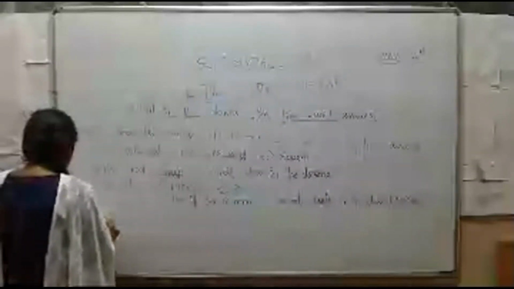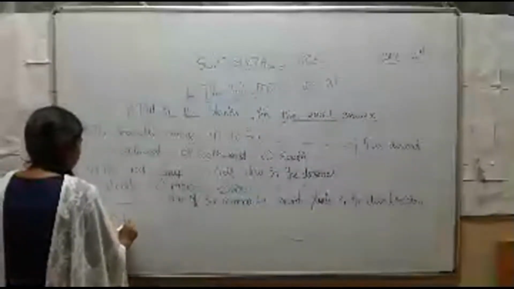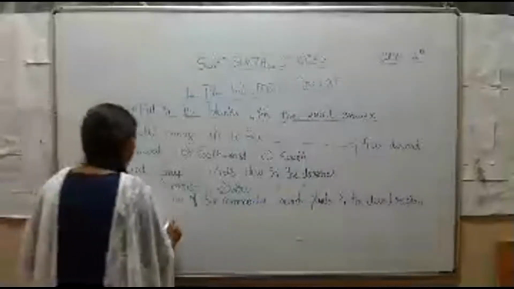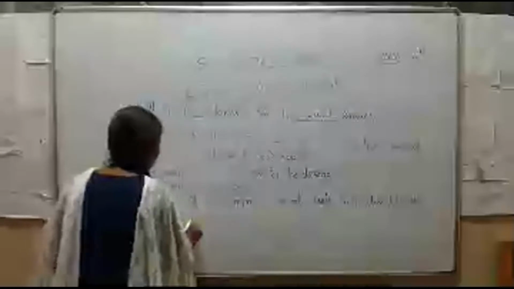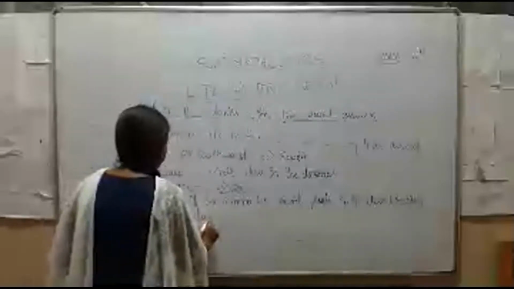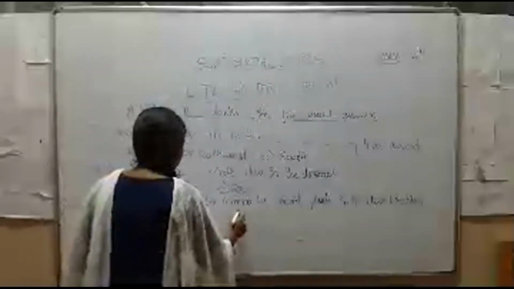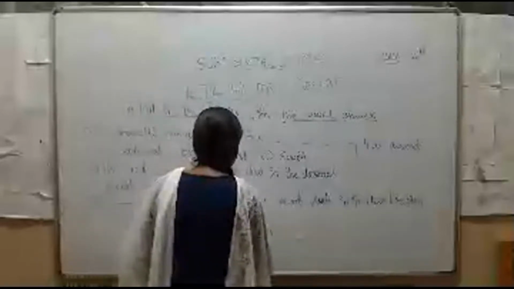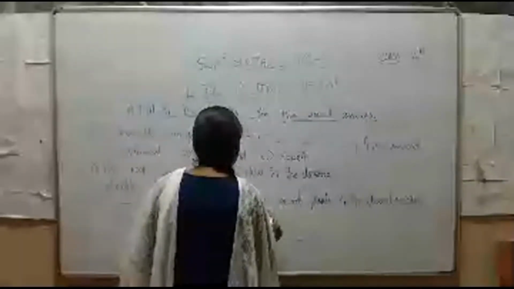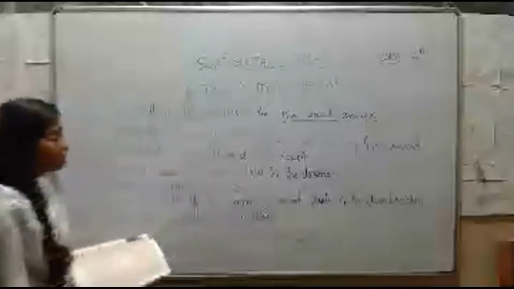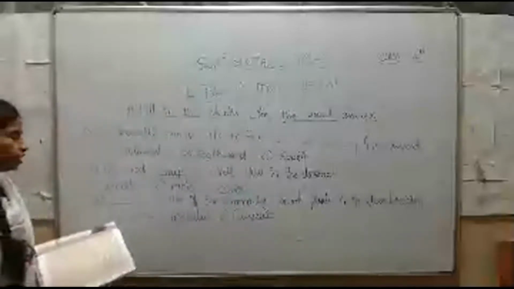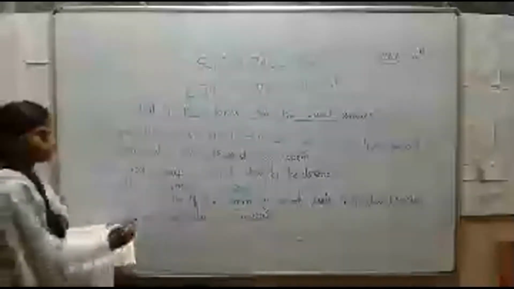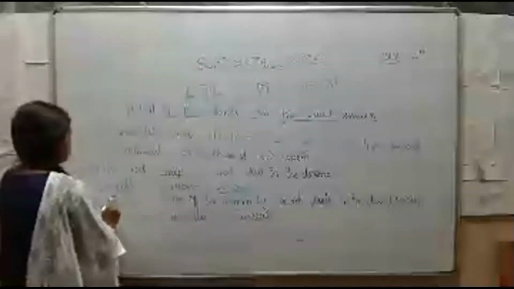Option A, croton. Option B, cactus. Option C, Casuarina. There are only three options. Which is the right option? Cactus is the right option.